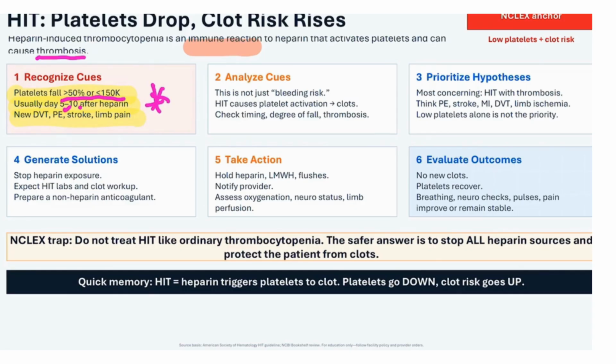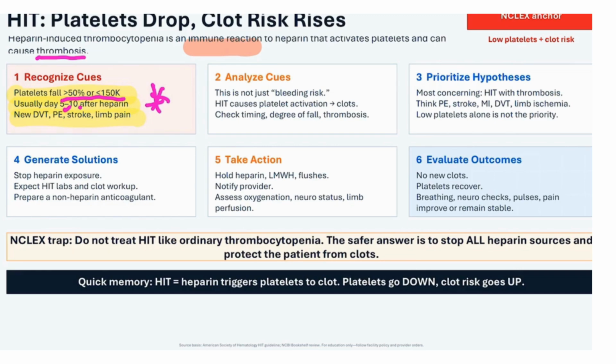Also look for signs of new clot, such as unilateral leg swelling, chest pain, shortness of breath, decreased peripheral circulation, or other evidence of thrombosis. Now, let's connect these findings.